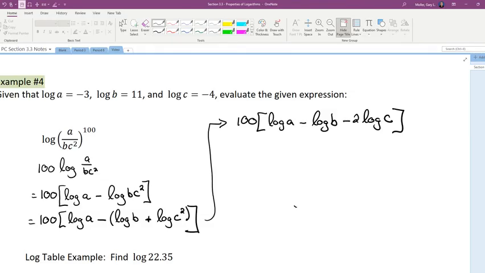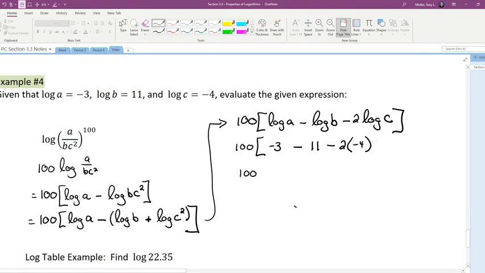And so I can distribute now the 100 to each of these, or I can leave the 100 out where it is. But now I have log of a, and I know what log of a equals. So the problem now says 100 times log of a is -3, minus log of b is 11, minus 2 times log of c is -4.